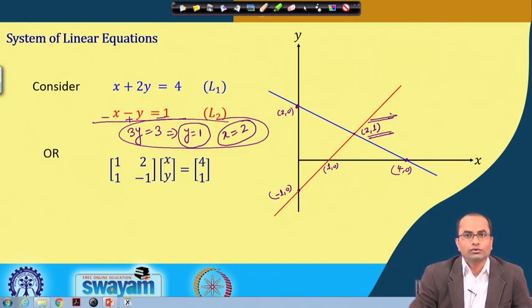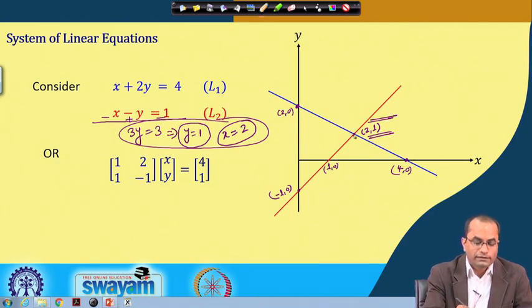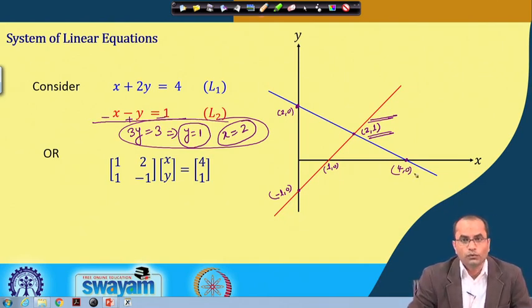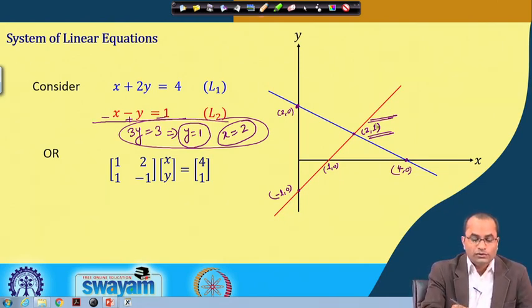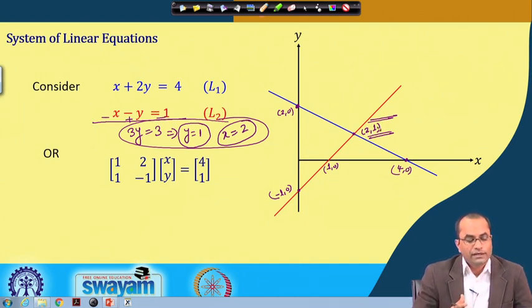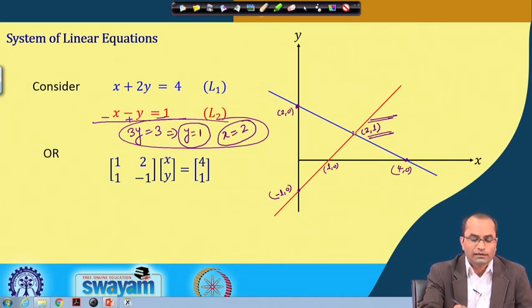Now, talking about the solution of this system of equations. Solution means a point x, y which satisfies both the equations. So, here clearly this point lies on the red line, and this point also lies on the blue line. So, naturally this point where x is 2 and y is 1 must satisfy both the equations because it lies on both the lines.